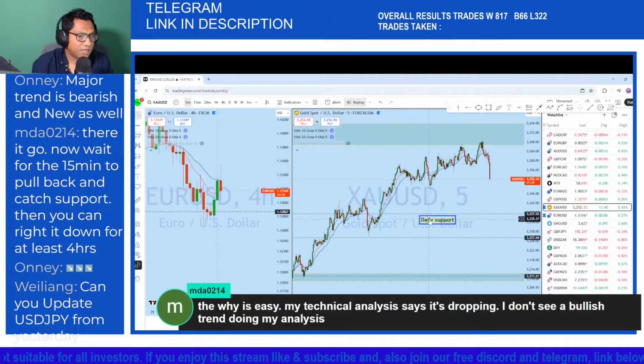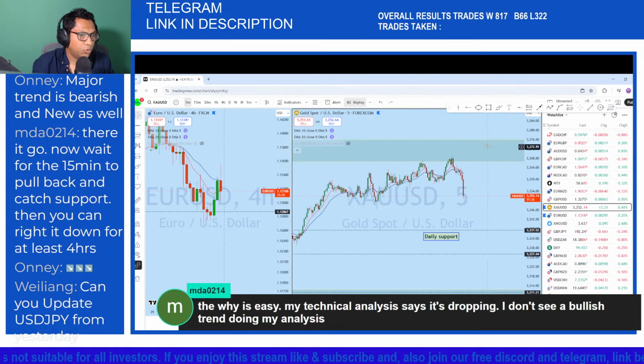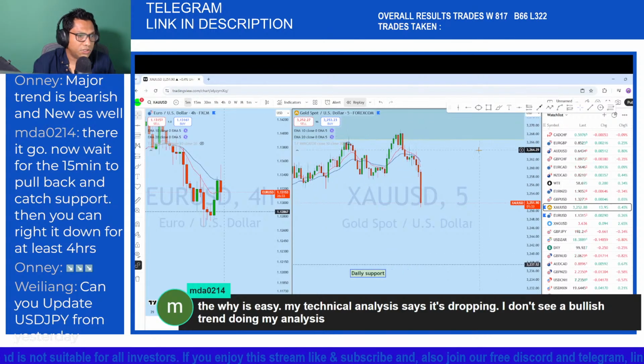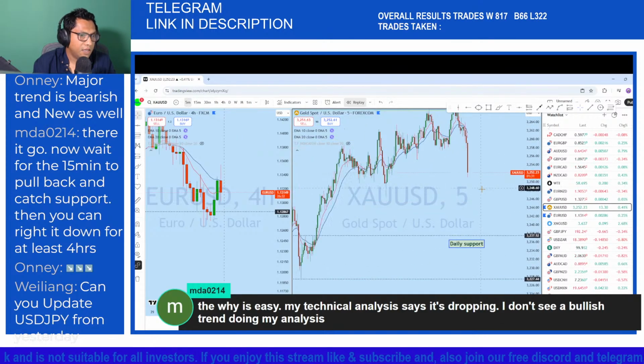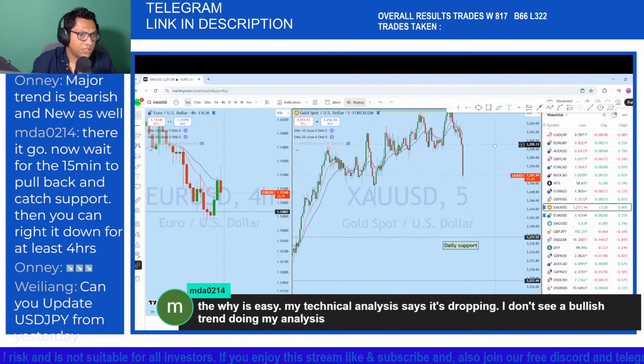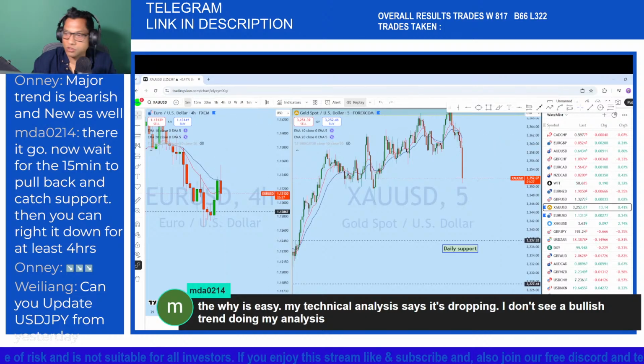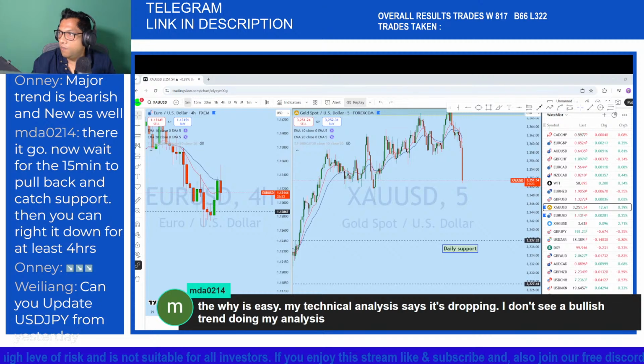Now if the market is coming to the daily support here, how it is reacting to the daily support is important for us to look at to see any potential entry in this market.